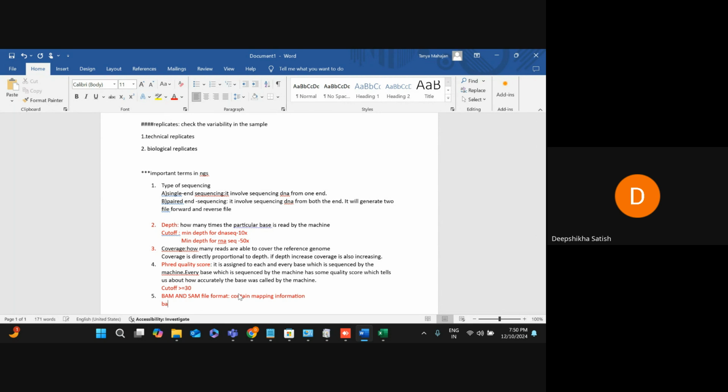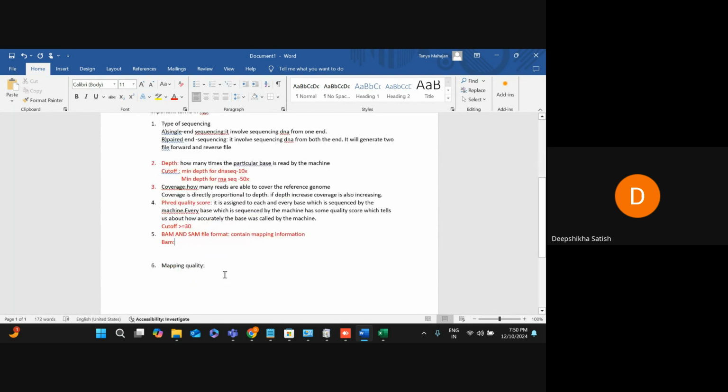So BAM stands for binary alignment map, which is a computer readable file. Whereas SAM stands for sequence alignment map. This is your human readable file.